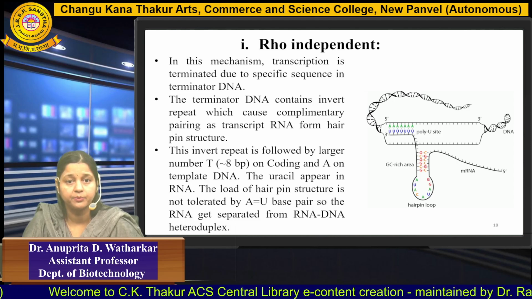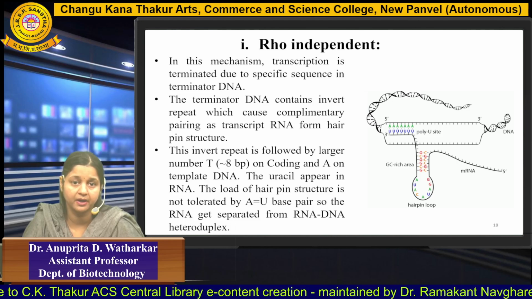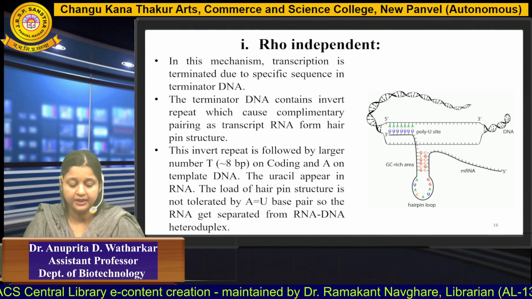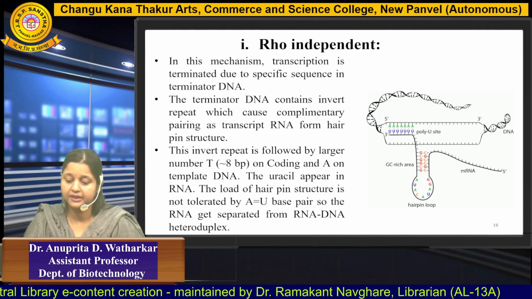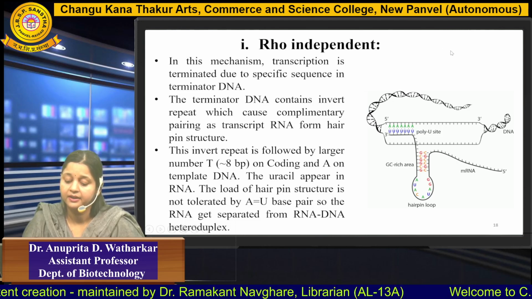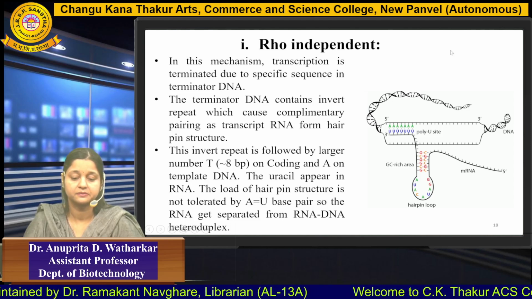The uracil appears in the RNA and the load of the hairpin structure is not tolerated by the AU base pairs, so the RNA gets separated from the DNA-RNA heteroduplex. In the diagram you can see how the hairpin loop structure has been formed and how it gets released from the actual DNA complex.